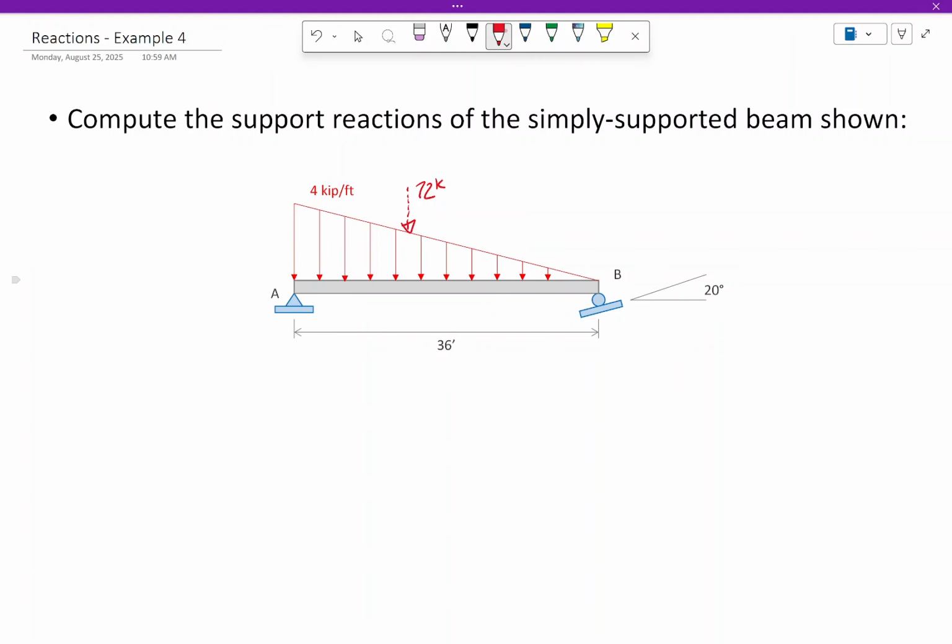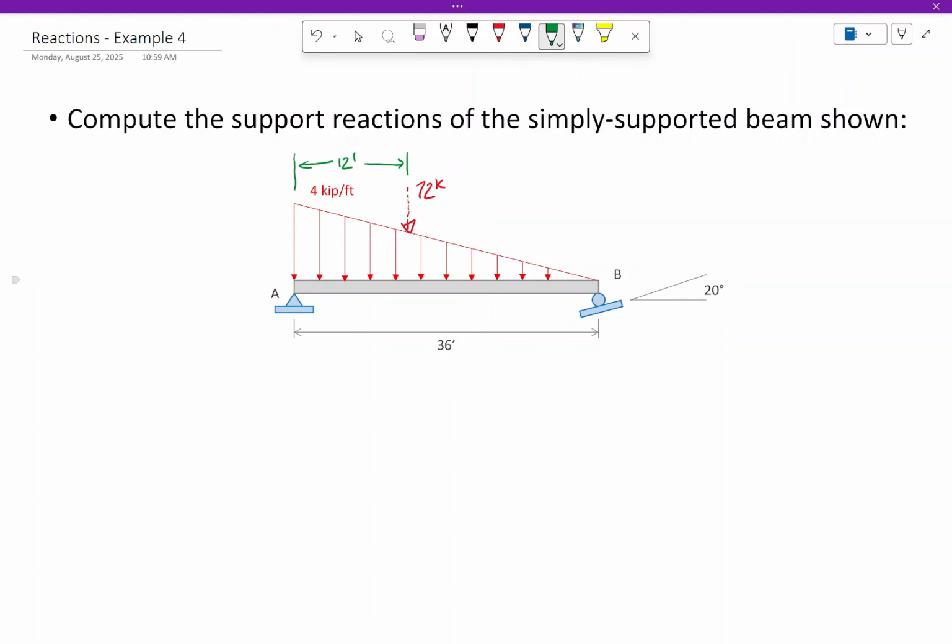All right. From A, where do I place this 72 kip resultant? 12 feet. There we go. Okay. All right. Now, let's talk about A. How many unknown reactions are there? 2. Okay.